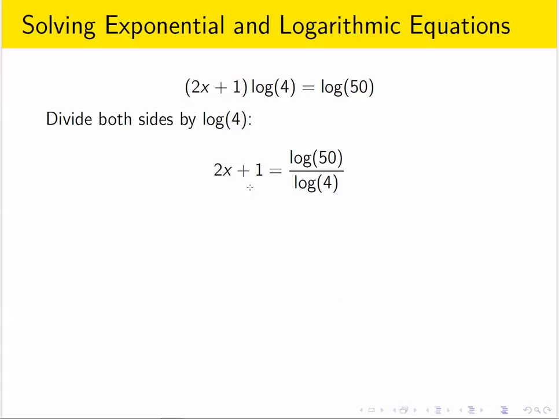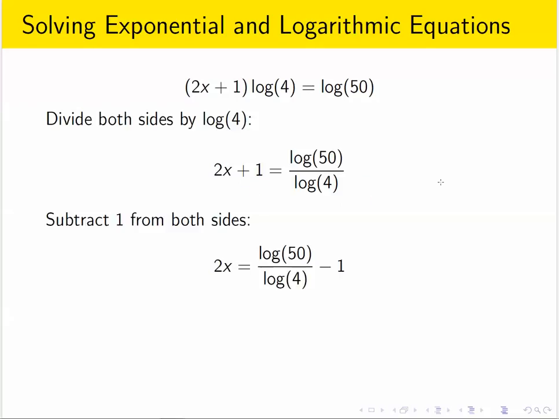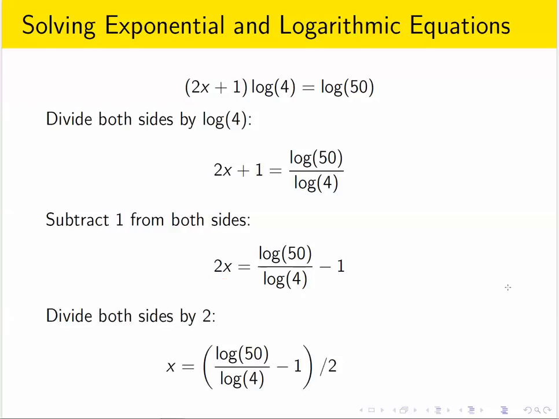And then to further get the x by itself, we'll take this plus 1 and move it by subtracting 1 from both sides. And then finally, we'll divide both sides by 2. So this is the quantity that was on the right side, and then it gets divided by 2. This is the exact value of x that satisfies the equation, and if you type all that into your calculator carefully, you can get a decimal approximation of about 0.91.